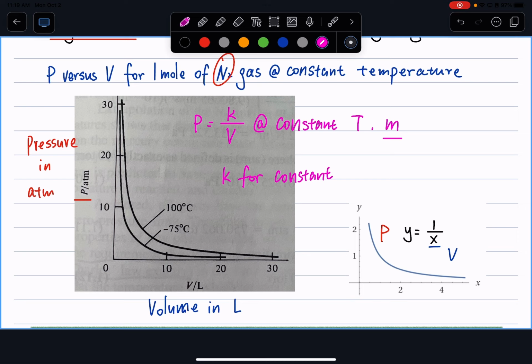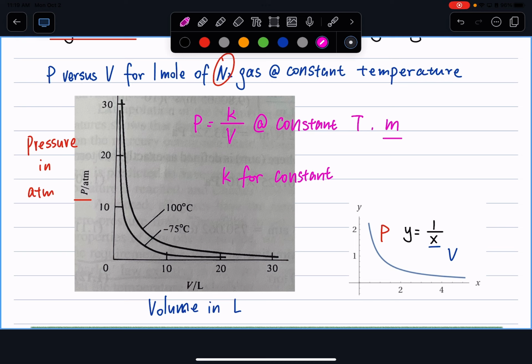Is there material exchange between the inside and outside of the system we're measuring? It is constant mass, so the mass of the gas molecules we're interested in is not changing. So my system is likely a closed system, just to make a connection there. All right, so that's Boyle's law.